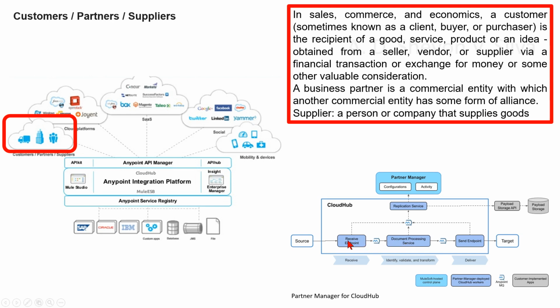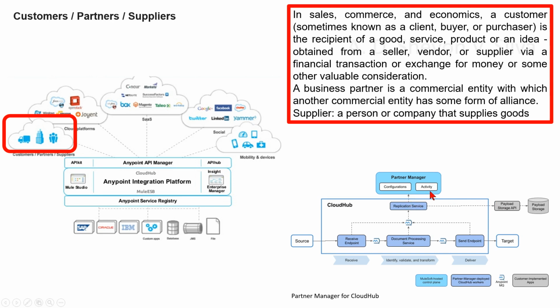And the document processing service is connected to MQ, and MQ is connected to the send endpoint. Here the receive endpoint, document processing service, and send endpoints are connected to Anypoint MQ. Anypoint MQ is connected to the replication service. The replication service is connected to Partner Manager and the payload storage API.